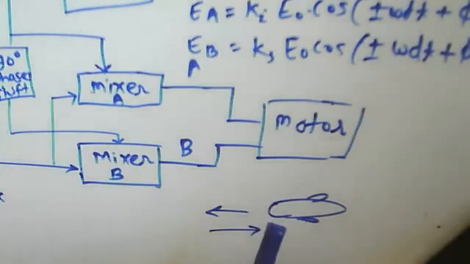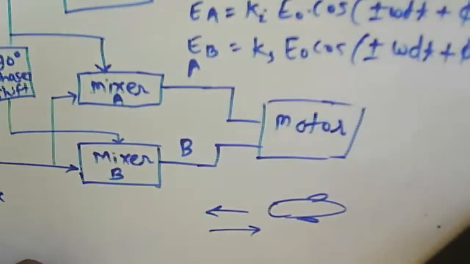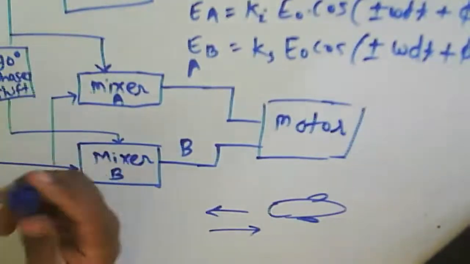So that's all about the CW radar, and we can use this CW radar to identify the velocity of a moving target.